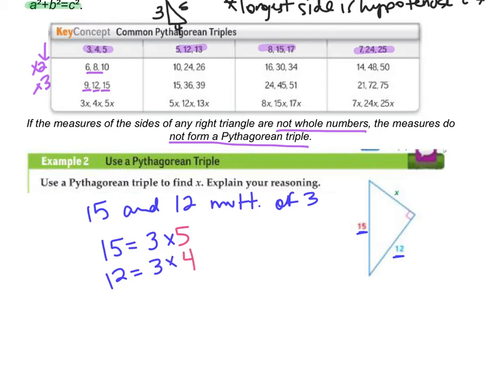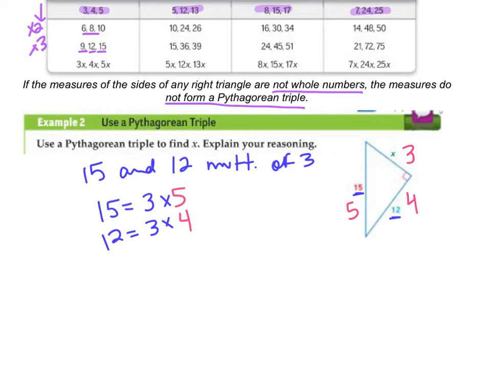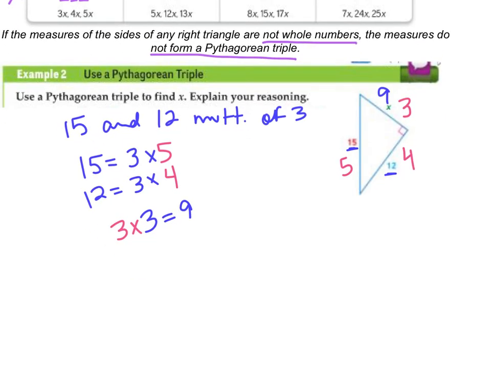So knowing what I know about a Pythagorean triple, 4 and 5 being a leg and a hypotenuse, if we plug this into our triangle, 4 and 5, if we have a true Pythagorean triple, this would be a multiple of 3. So let's say 3 times our multiple of 3 is 9. So this, in order to be a right triangle, would have to be a value of 9. So let's check it.